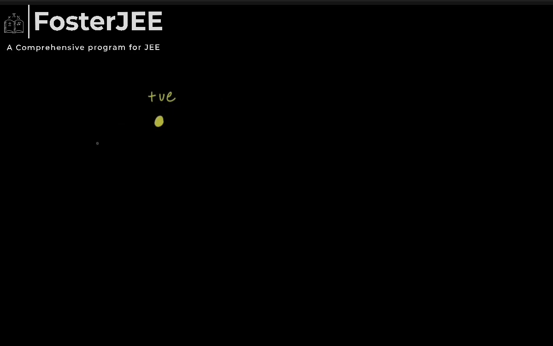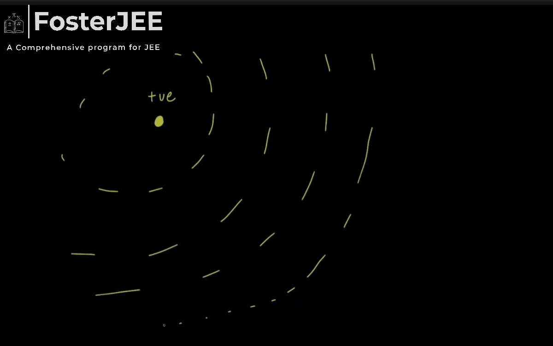Now, if it is a point charge, then it will create electric field like this. Now, suppose this is the region in which the electric field is dominant. Now, suppose there is another charge placed here and its nature is positive.